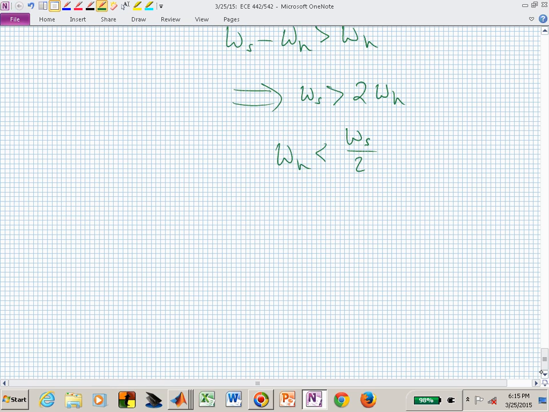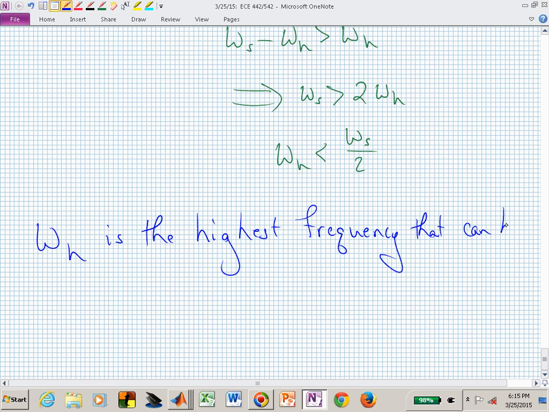Or, in words, omega sub h is the highest or largest frequency that can be resolved in a sampled waveform, where we're sampling it at a frequency omega sub s.